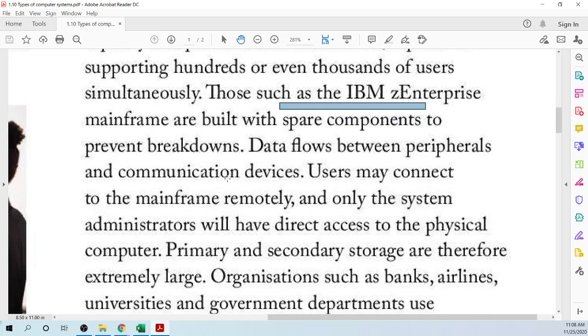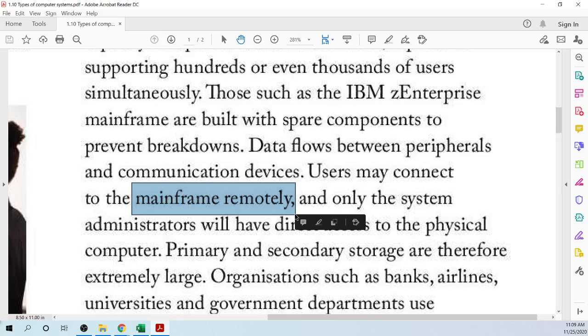Now, unlike a normal computer like you have right now, a laptop or a desktop, mainframe computers are accessed remotely. So the mainframe computer might be in its own building, and you don't have to physically go to the mainframe computer in order to do work on it.